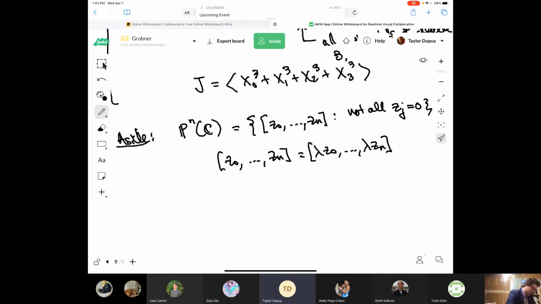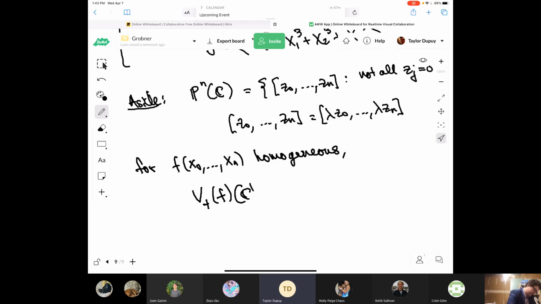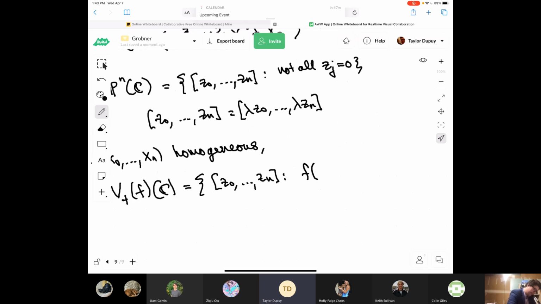Okay, and so the upshot is that for f of x0 to xn homogeneous, the subset V plus of f, let's put C here, is the set of z0 through zn such that f of z0 through zn is equal to 0.